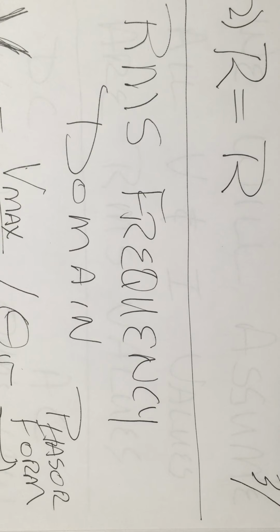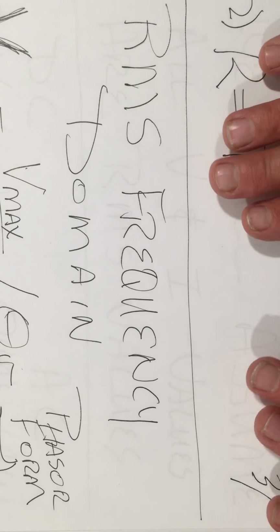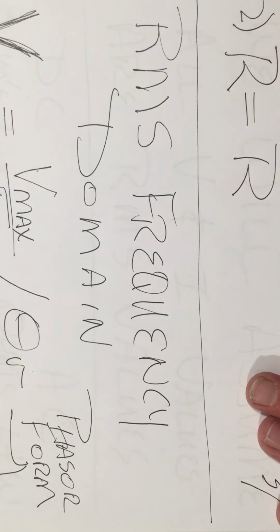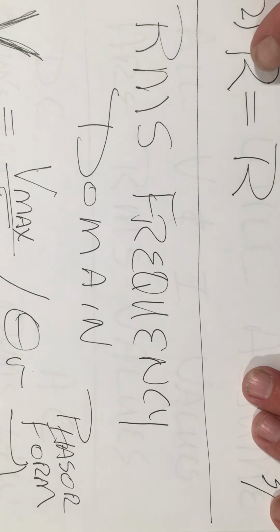Well, that presented a problem. So what they decided to do was go to the RMS, or root mean square, frequency domain. Basically, how you do that is go from the regular frequency domain that I talked about a minute ago to the RMS frequency domain and make everything easier.